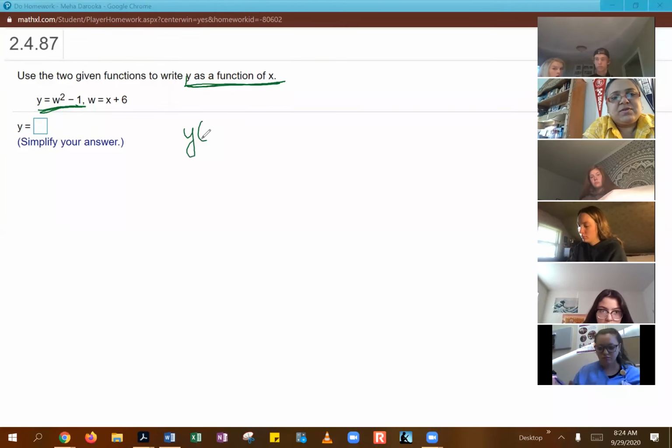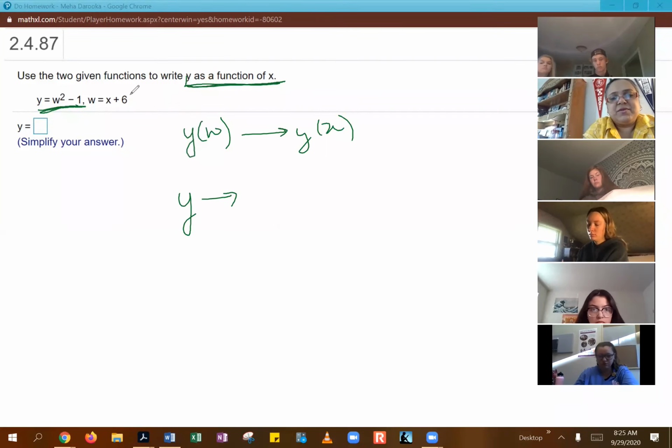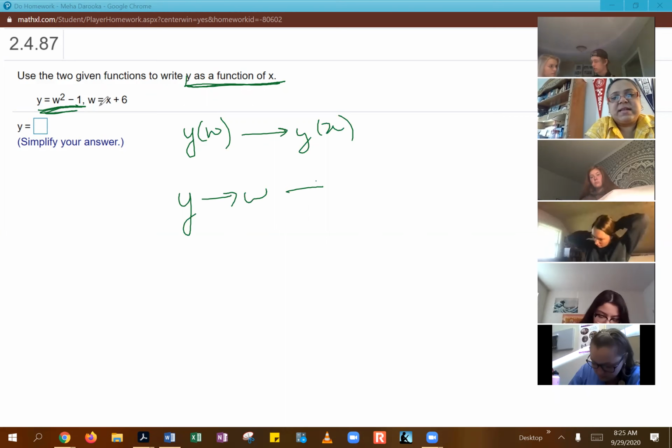So y is right now in terms of w, and they're asking us to write this as y in terms of x. So what's going to happen is you would have to go from y in terms of w, which is what we are given, and then you can see w is actually given to us in terms of x.